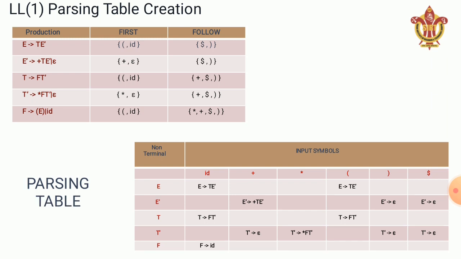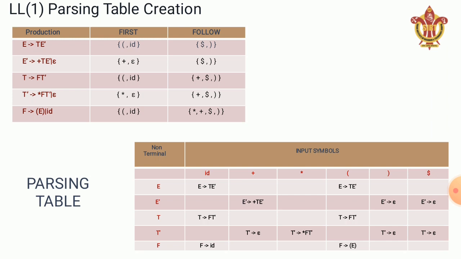The last production is for the F variable, which has two productions: opening E closing, and id. For id, F produces id, we write in the row of F and column of id the complete production, F produces id.